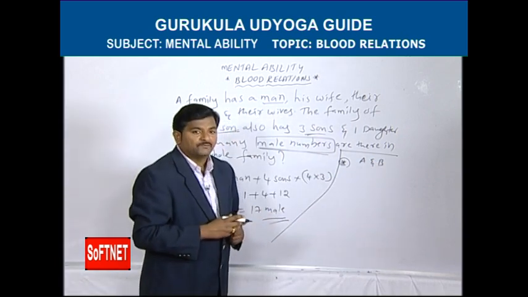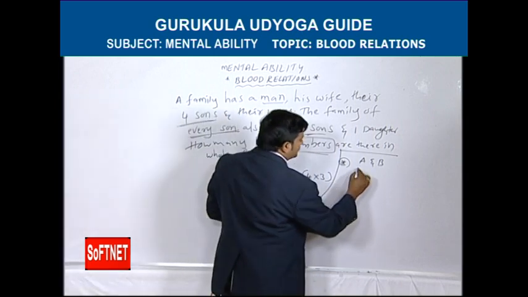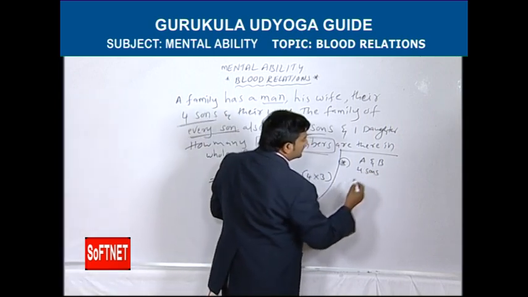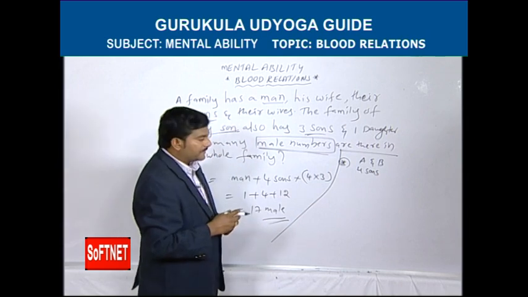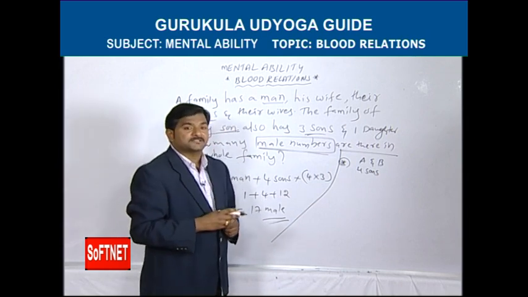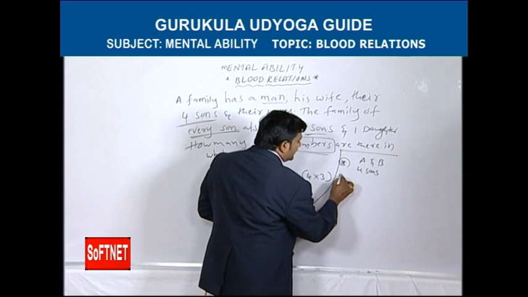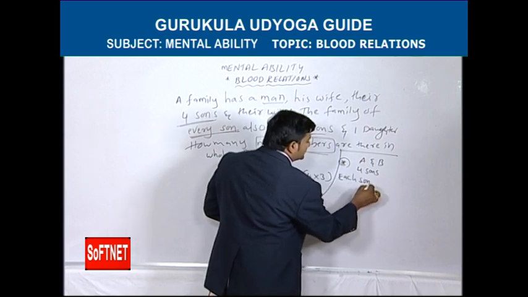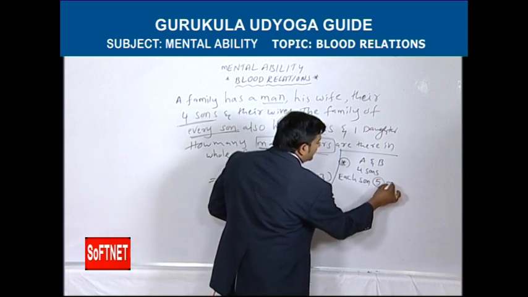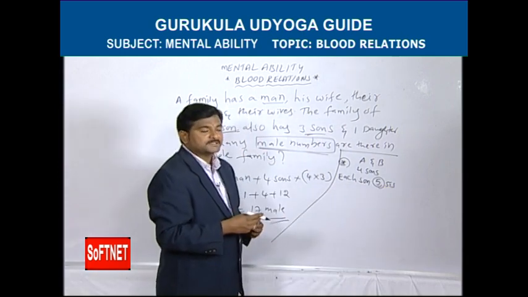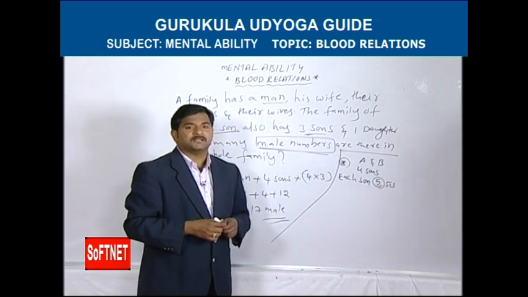They are having four sons. It's a logical question. And each son is having five sisters. Just focus on this. Each son is having how many sisters? Five sisters. Now the question is, how many members are there in that family?